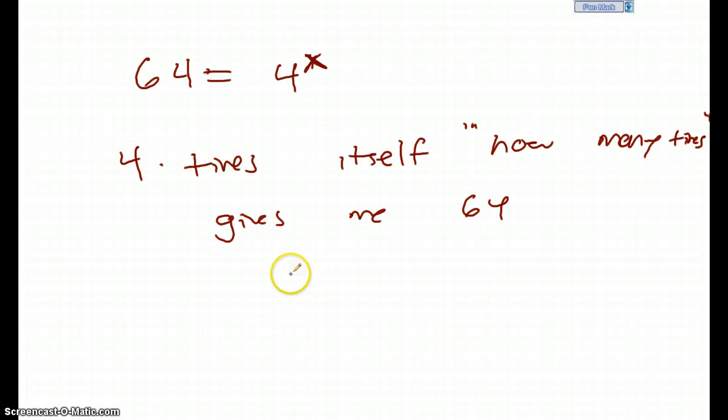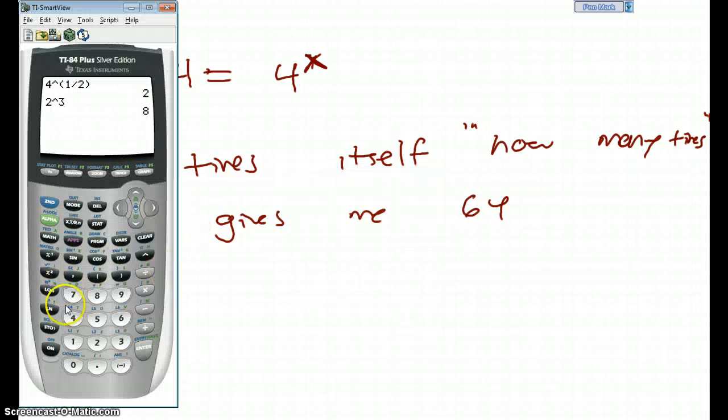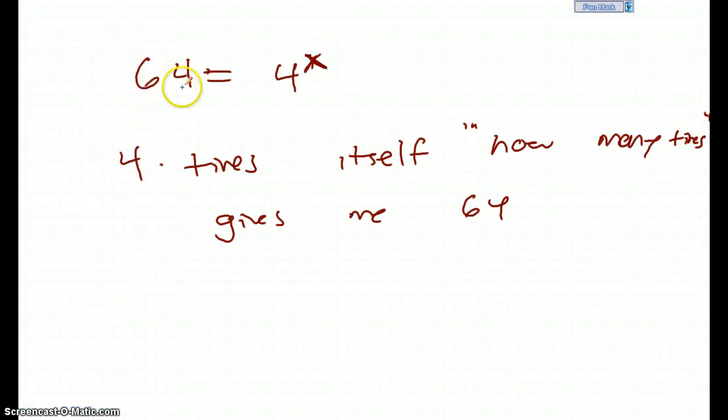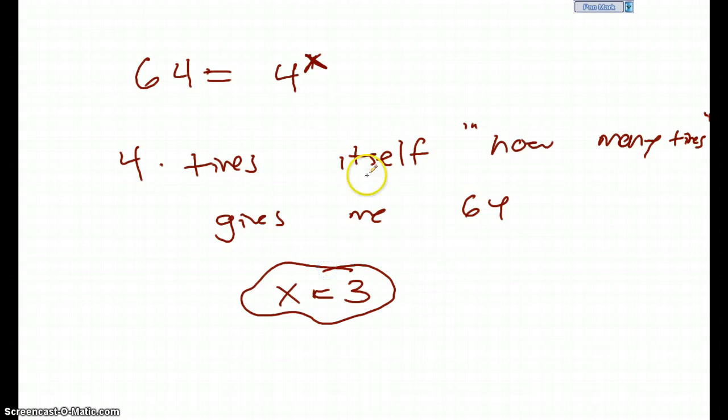Well, again, I can just try it out. I'll do it a different way now. 4 times 4 is 16. 4 times 4 times 4, which is 4 to the 3rd, gives me 64. So I've found that the exponent, which we're calling x, should be equal to 3, and that will solve the equation. That gives me 64 equals 4 to the 3rd, which is equal to 64.